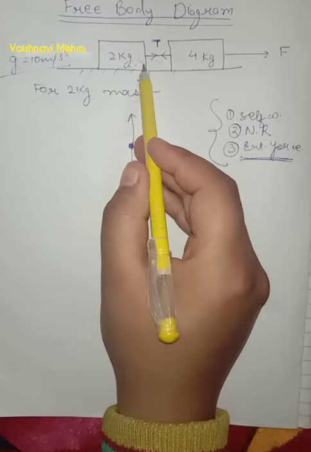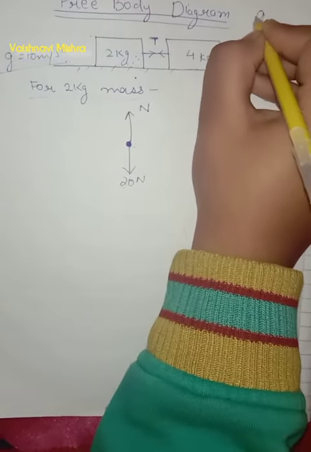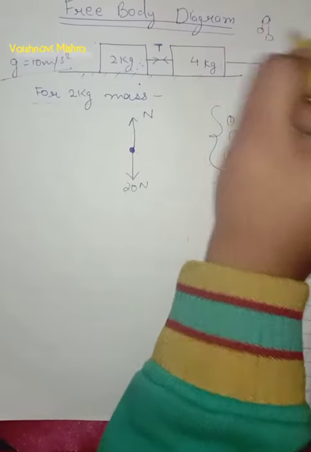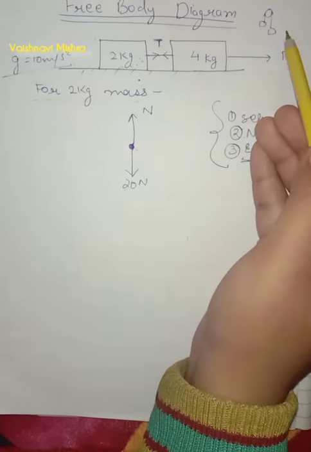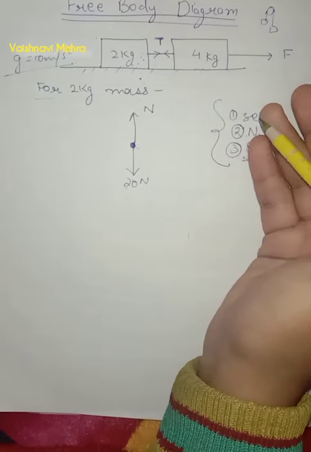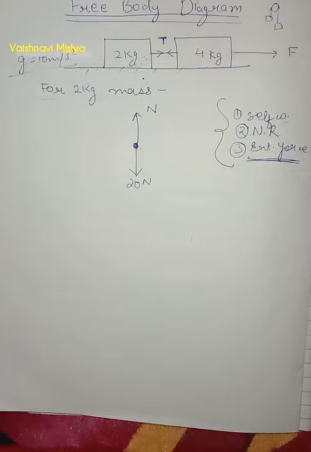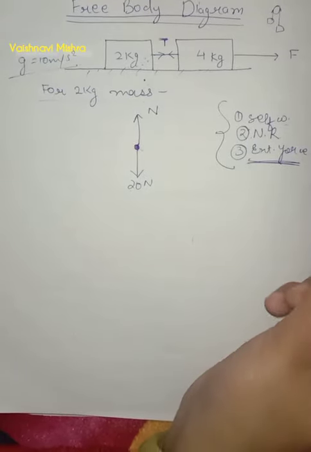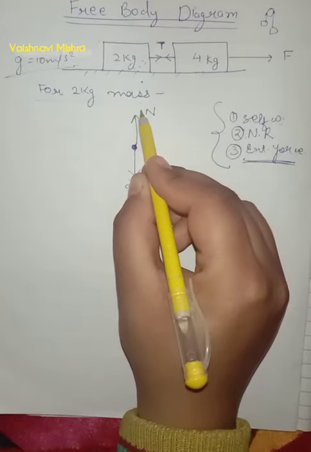If a body is, for example, hung like this over a pulley, then there will be no normal reaction, because it is not in contact with any surface that will give it a normal force or reaction force. So you have to keep this in mind.